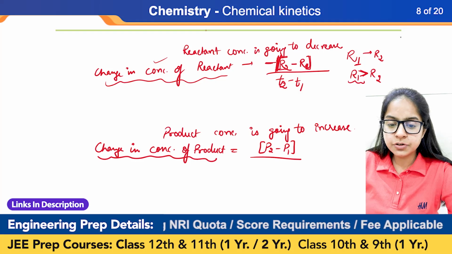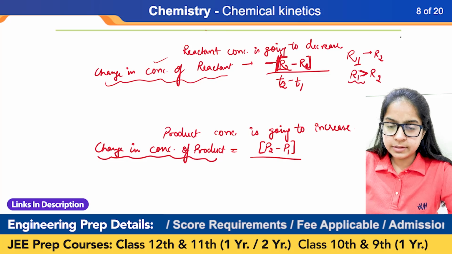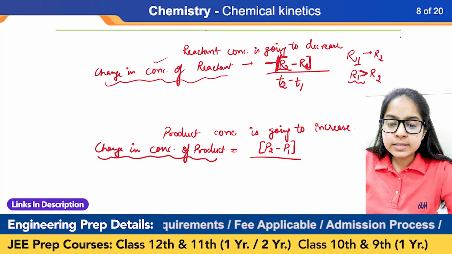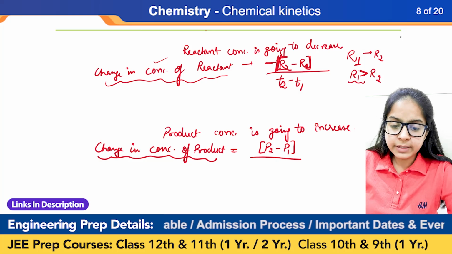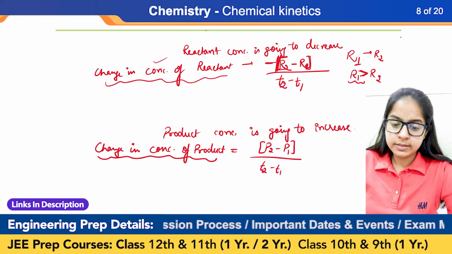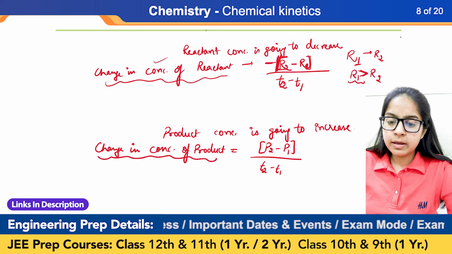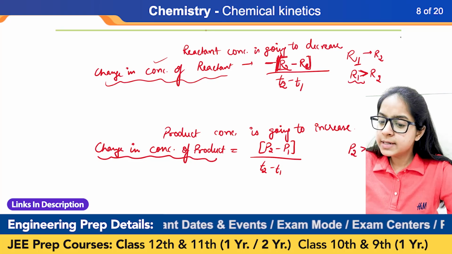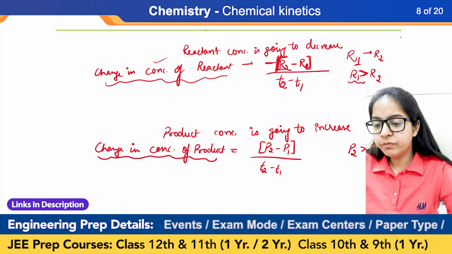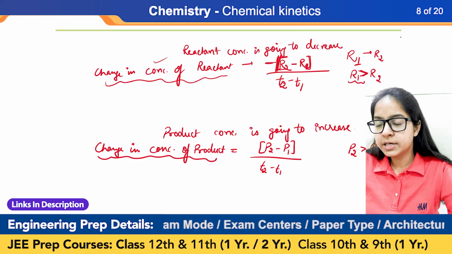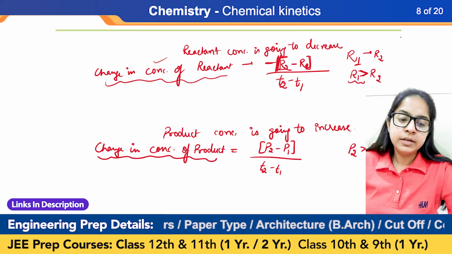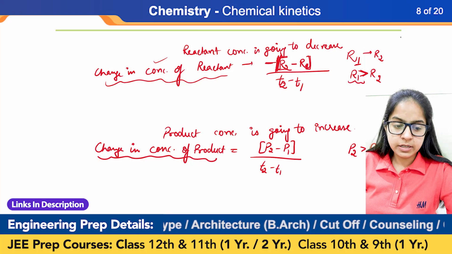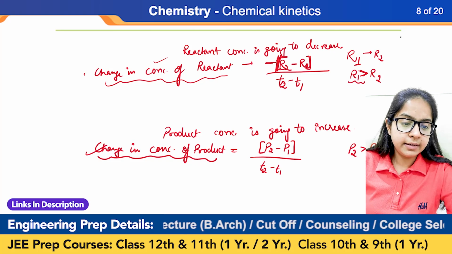So final concentration of product minus initial concentration of product, or concentration of product at time T2 minus concentration of product at time T1, divided by T2 minus T1. Okay. So P2 is always greater than P1, because P1 is the product concentration at time T1, and P2 is the product concentration at time T2. So this is the change in concentration for the product.